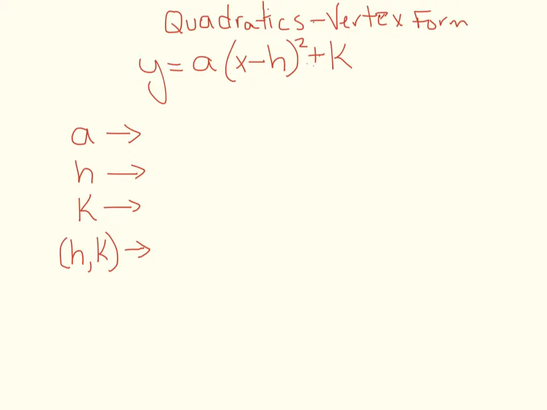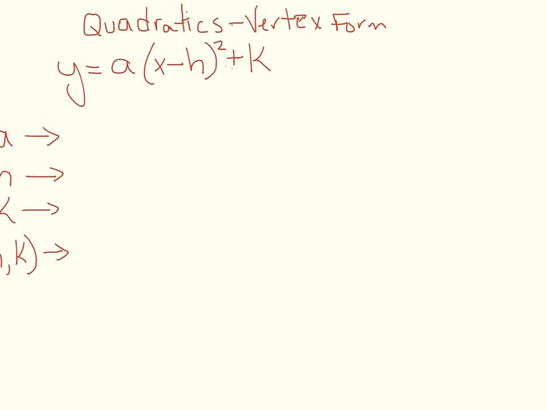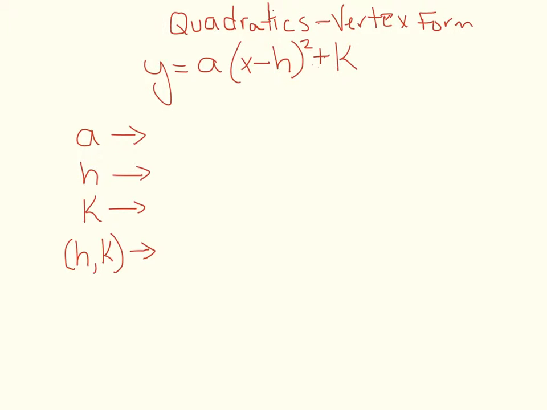Okay, we've spent some time exploring different parabolas and what they look like in their movements and their shapes, whether they're stretched or compressed, and how it relates to how it's written in the form y equals a bracket x minus h squared plus k. So now we need to really consolidate and review what each of the variables represent.